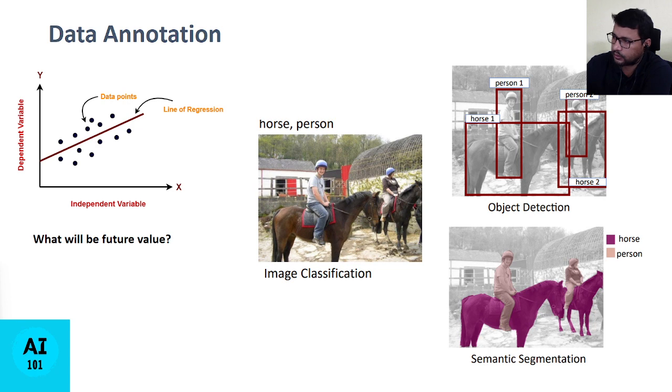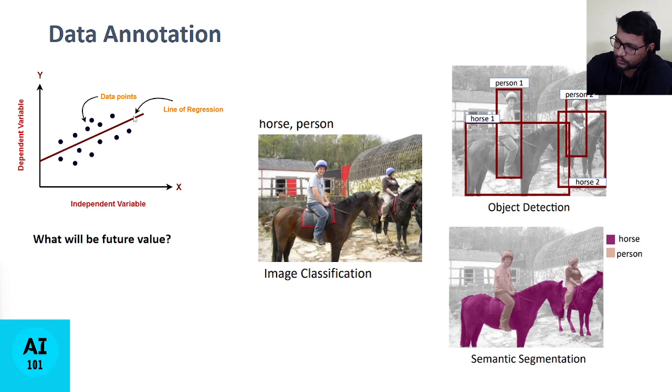Now the data annotation. In the previous session, we already learned the different problems of deep learning. If we are dealing with a regression problem, then we need to make the label in the same way, because here we have some data and we need to predict the next values, the future values of the data.